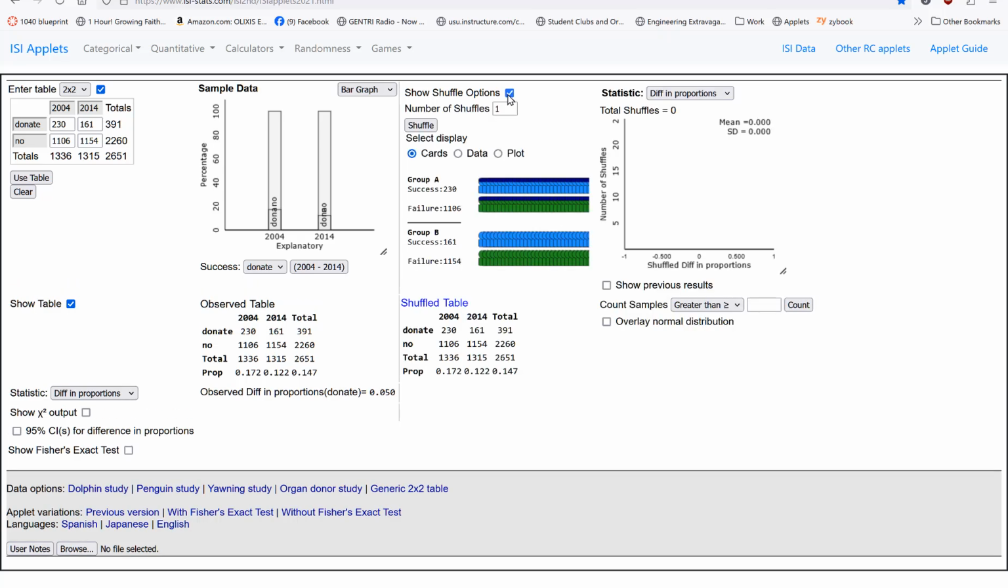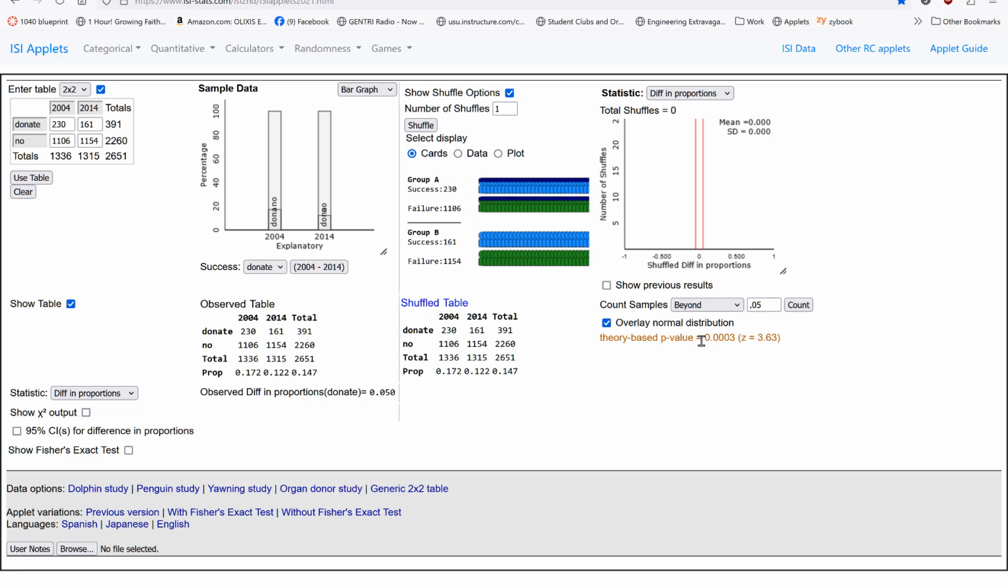Click Show Shuffle Options. Now you can actually shuffle if you want, or you can even skip the shuffle and you have to click Overlay Normal Distribution. But you need to say what your observed difference in proportions was. It was 0.05, so I put 0.05. And we said that we need to do a not equal to hypothesis, so we're going to click Beyond and count.